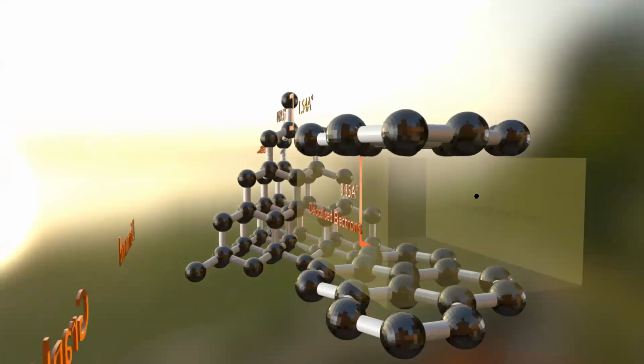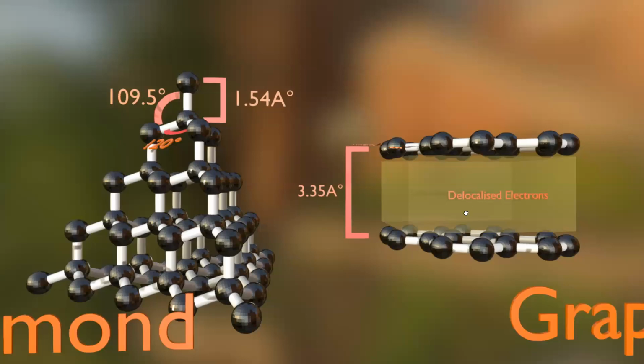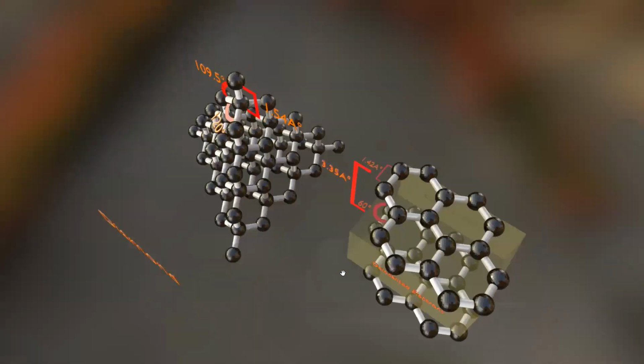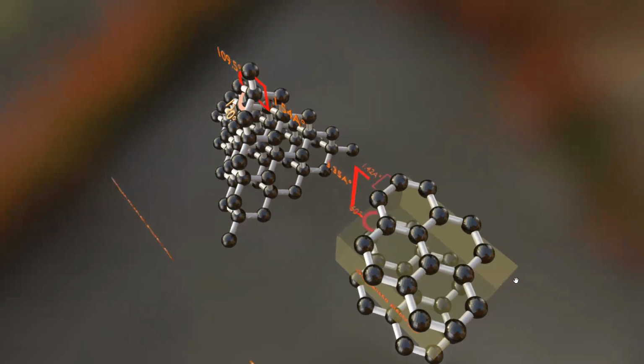Now here you have the graphite. In graphite, can you see each carbon atom is connected with how many carbon atoms? Can you see and tell me? How many?